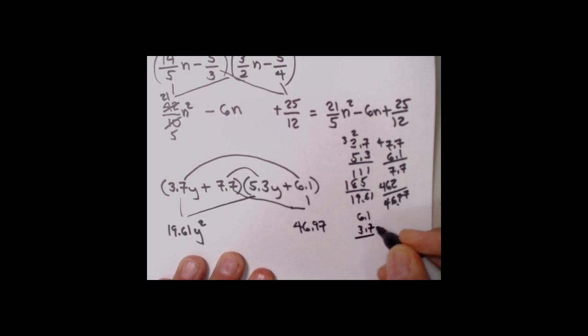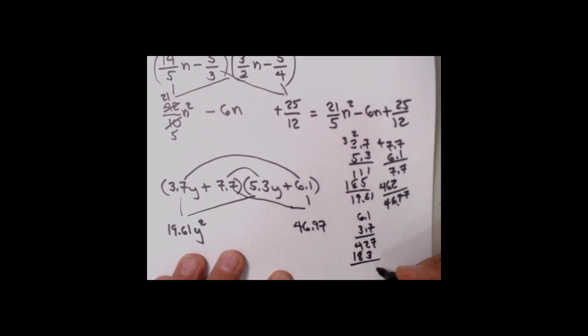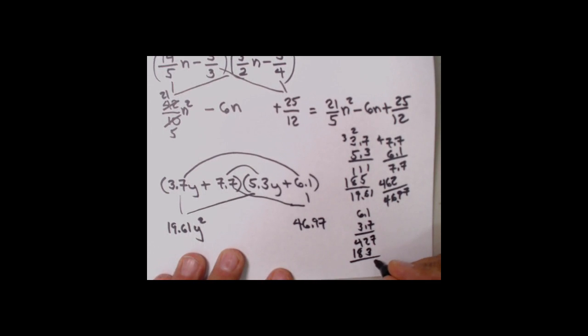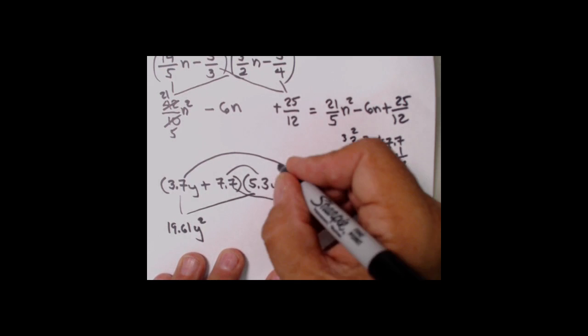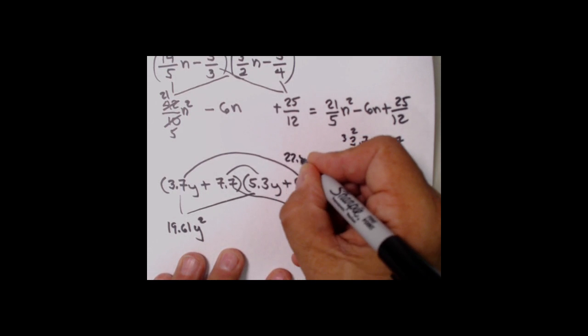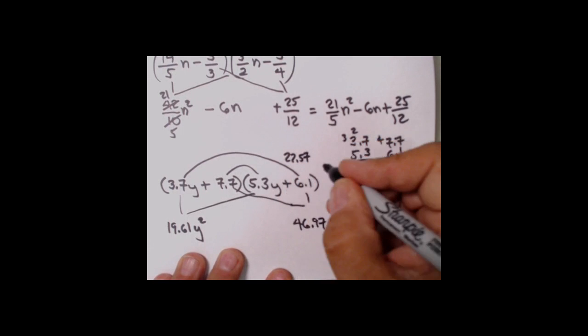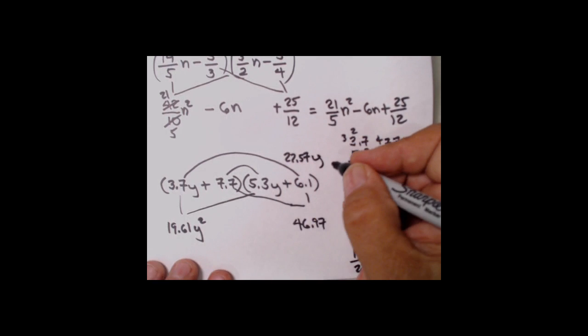This is on the big rainbow. So I get 7. 6 times 7 is 42. 3 times 1 is 3. 3 times 6 is 18. So I'm getting here 2257, 22.57. Okay, and that's a single y.